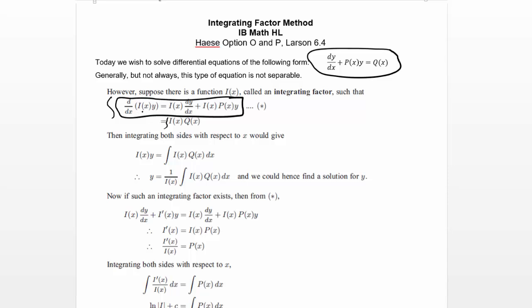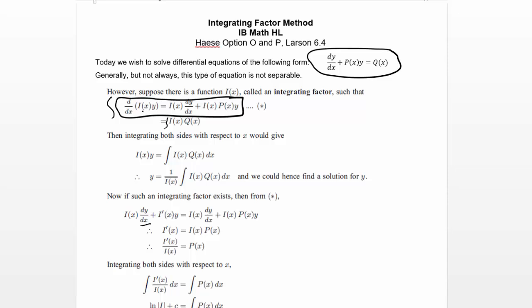If we find the derivative of I(x) times y, using the product rule and implicit differentiation, we get I times the derivative of y, which is dy/dx, and then y times the derivative of this function in terms of x, so I prime.